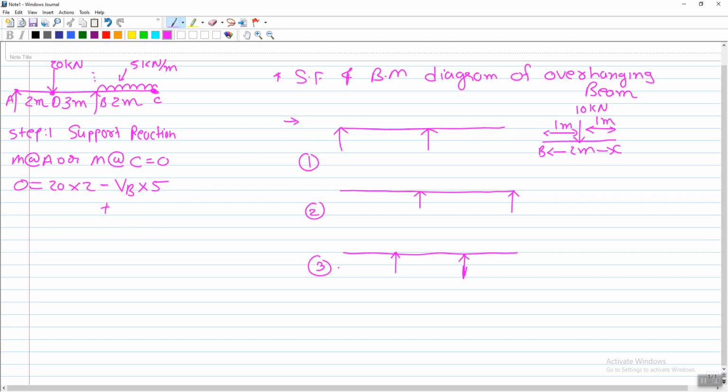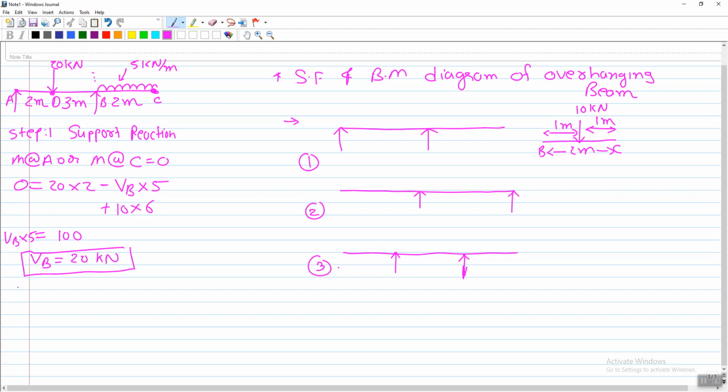So it is a plus, and it is 10 into 6. So you can say it is 20 into 4 plus 10 into 6, which is almost 100, and you can take this term to the other side. So 100 is equal to VB into 5. Here you can say VB is equal to 100 over 5, which is 20 kilonewton. It is the support reaction at point B.